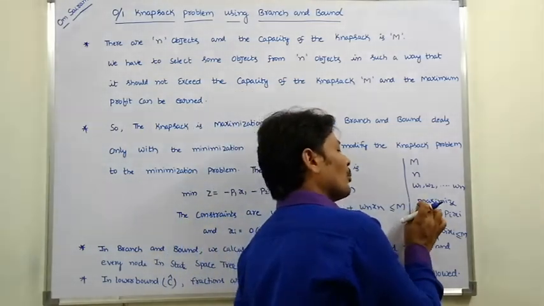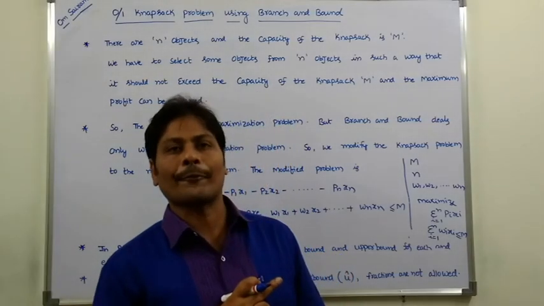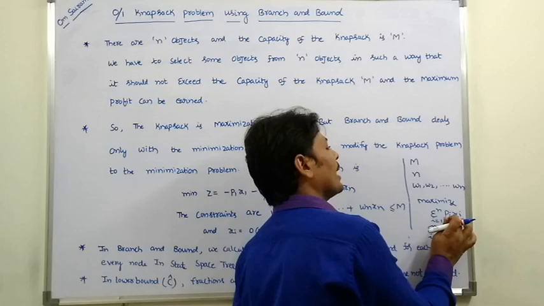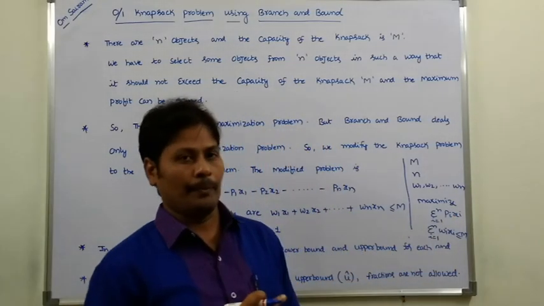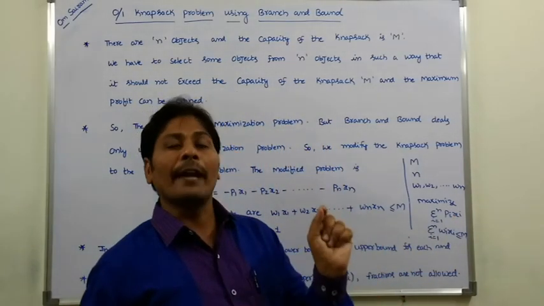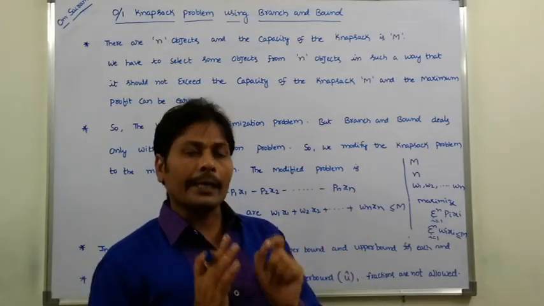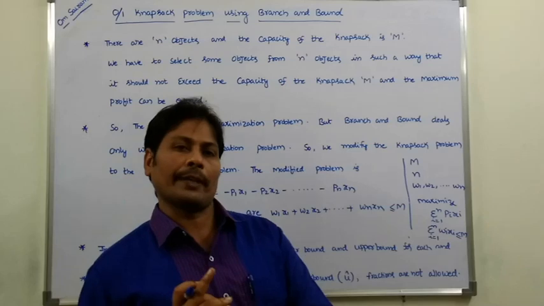Another is that we have to maximize the profit, sigma i equals 1 to n of pi xi, the profit of the objects placed into the knapsack.